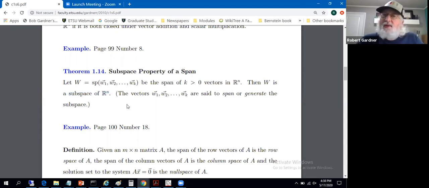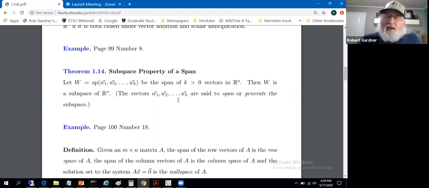Though we haven't formally defined basis, basis and spanning sets have a fairly intimate relationship, though they're not exactly the same. These vectors generate this, well, that's the word I'm defining. These vectors w1 through w sub k are said to span or to generate the subspace. Does this make any sense? Well, yeah, we took spans by taking all linear combinations because that's what you do with vectors. To generate means the same thing.